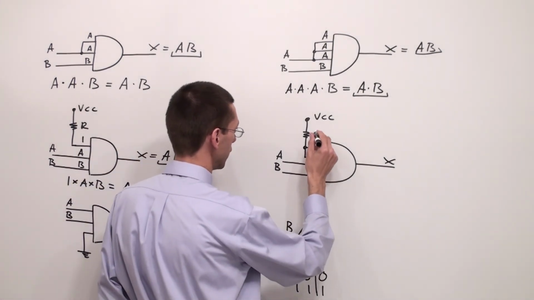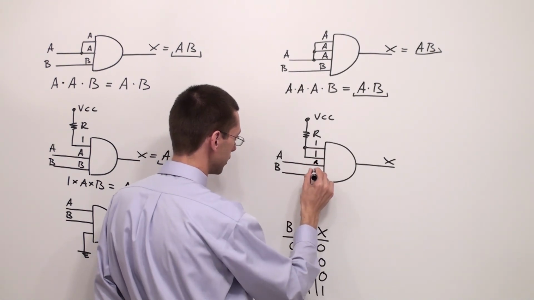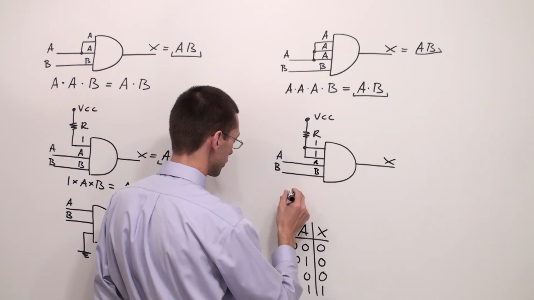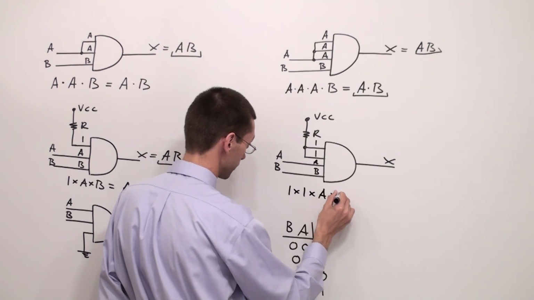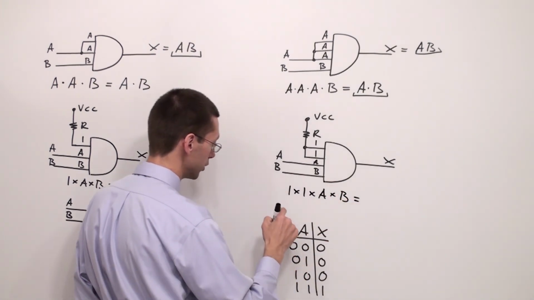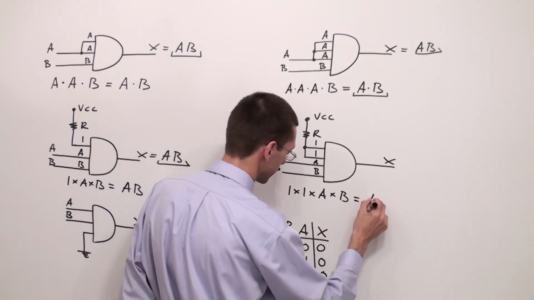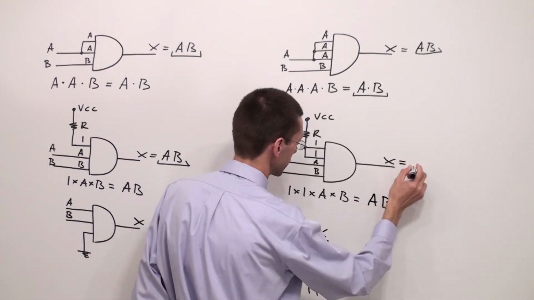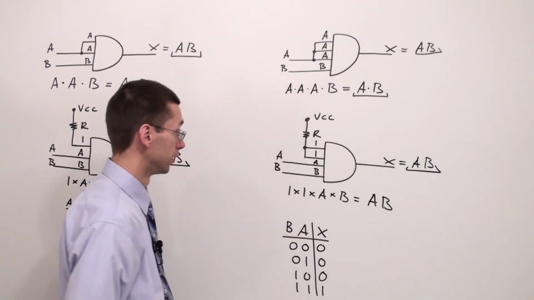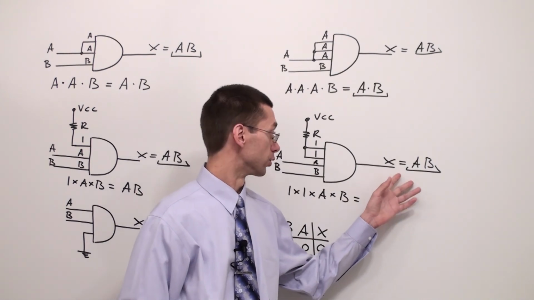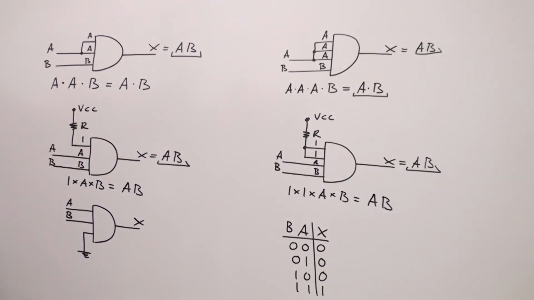We have again a pull-up resistor, that's why we're going to have 1 and 1 over here, and I have A, B. Again, this is multiplication, so I have 1 times A times B. So 1 times A times B is nothing else, just AB. The logic expression at the output is going to be AB. And again, this is a 2-input AND gate.